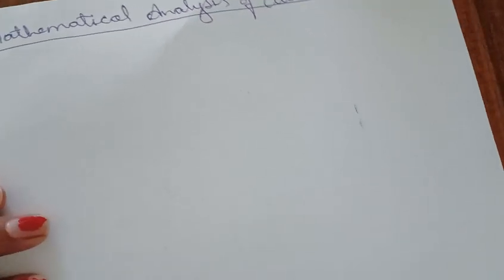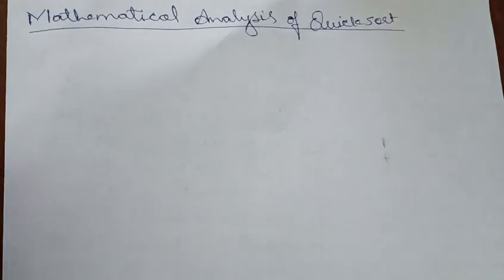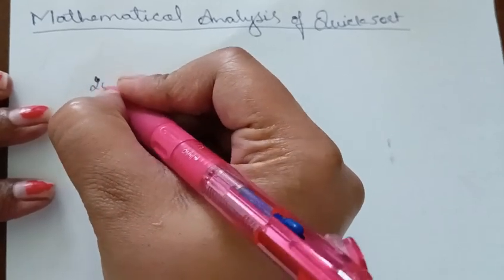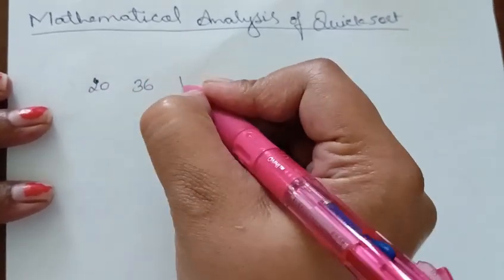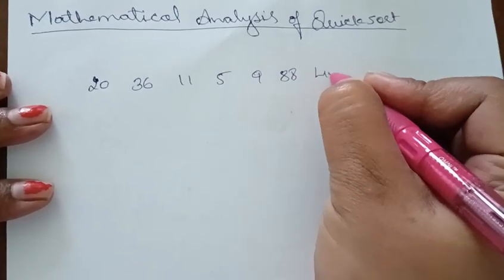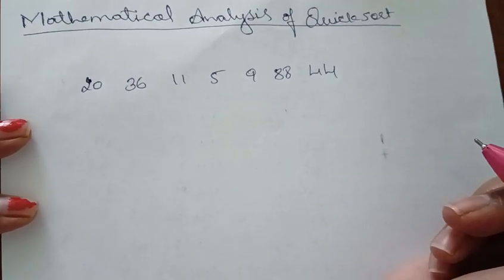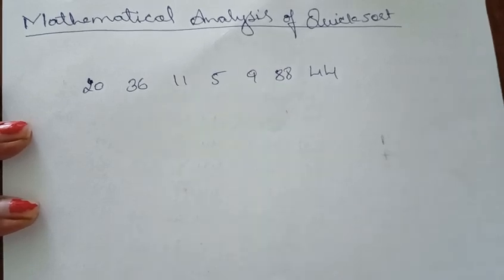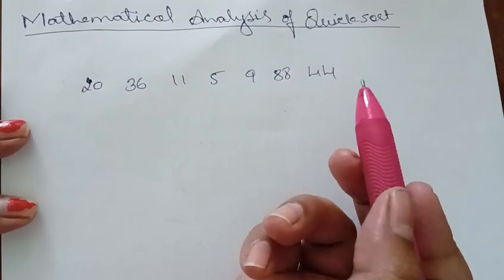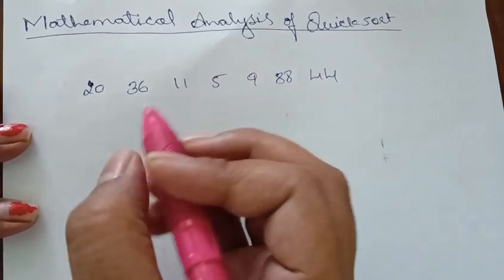So here we'll be having an array. I'll take an example array like this. If I consider the first element as the pivot element and then divide it, here we'll have three cases.